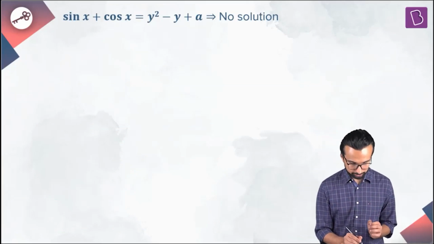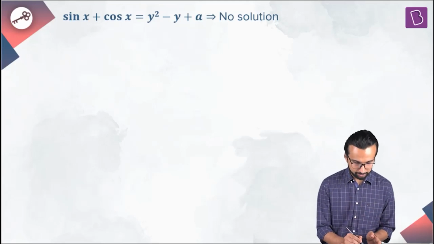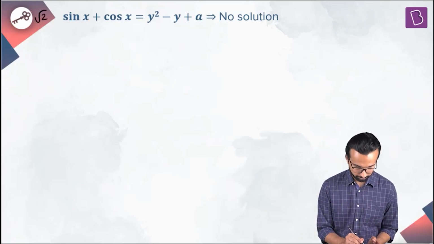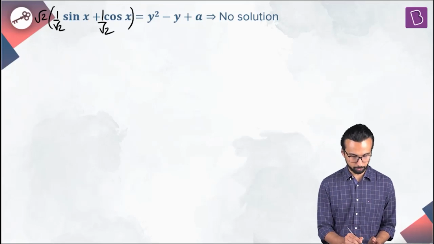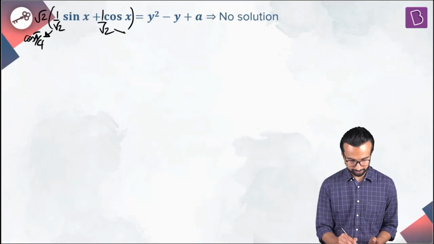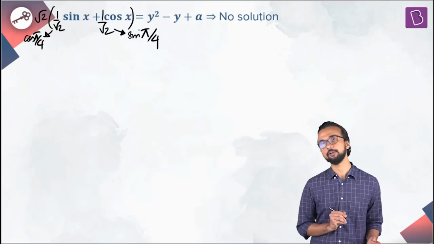Now, look at this here. Sin x plus cos x, I will divide by root 2 and multiply by root 2. And this first 1 by root 2, I will call it cos pi by 4, and the second 1 by root 2, I'll call it sin pi by 4.